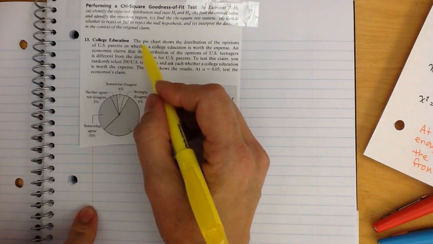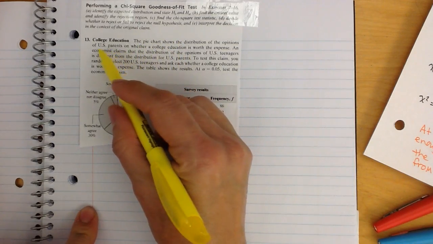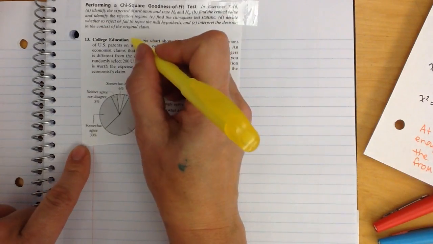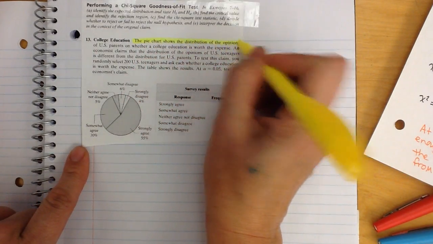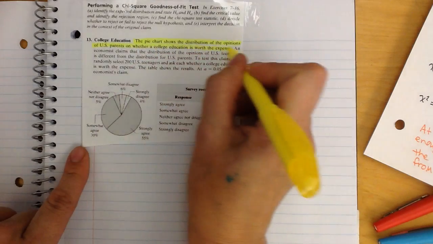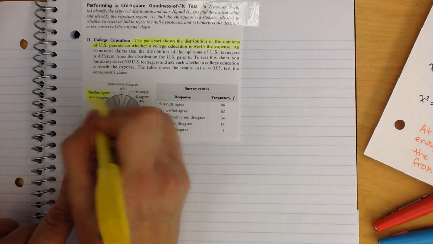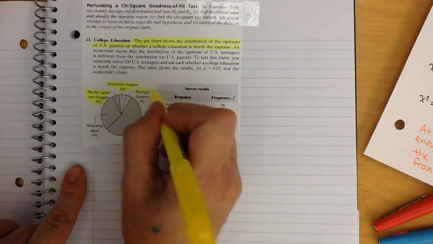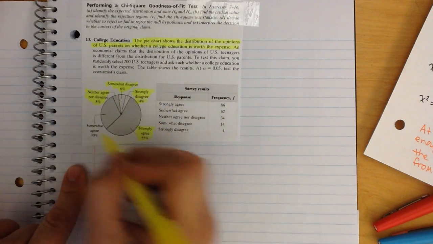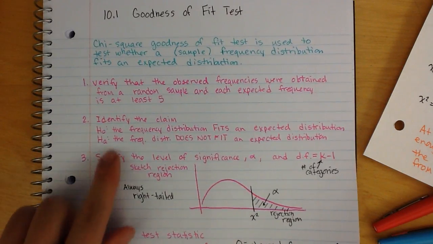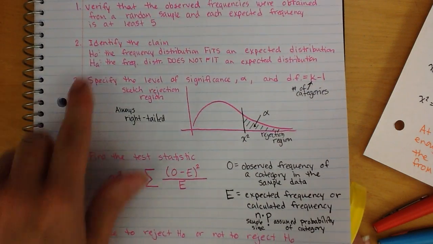The pie chart shows the distribution of opinions of U.S. parents on whether a college education is worth the expense. So this shows the distribution of opinions, and that's all of this stuff. All of that stuff is related to H sub 0.